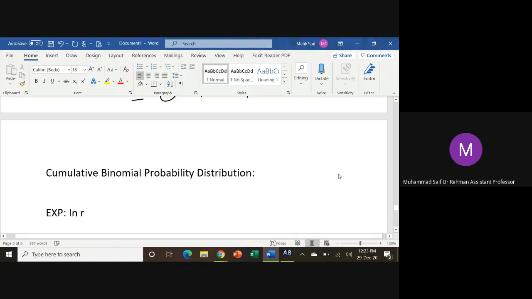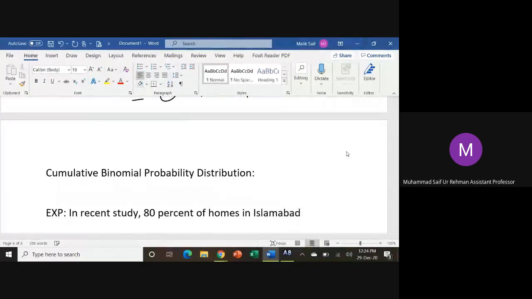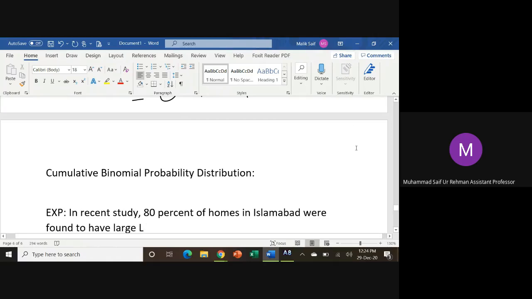In a recent study, 80% of homes in Islamabad were found to have large, sorry, LEDs.